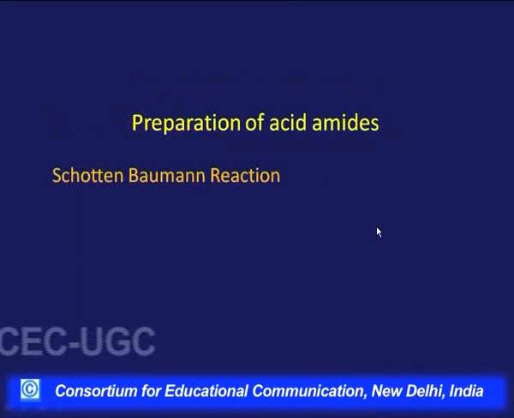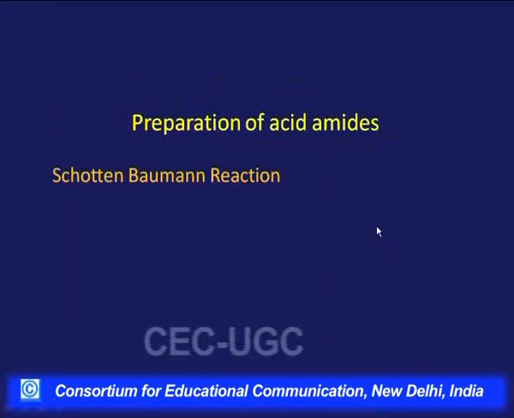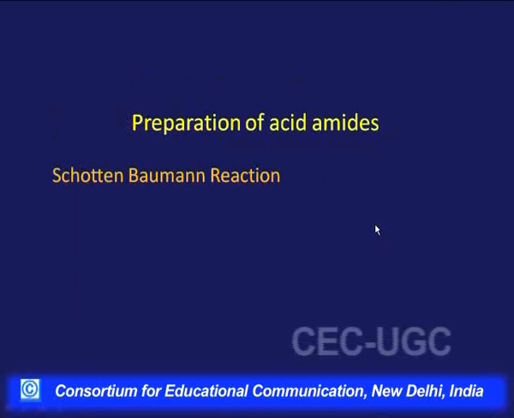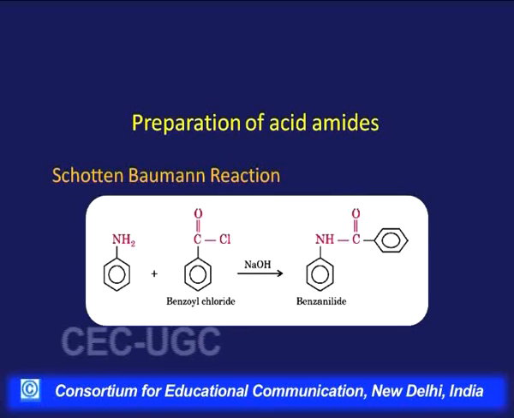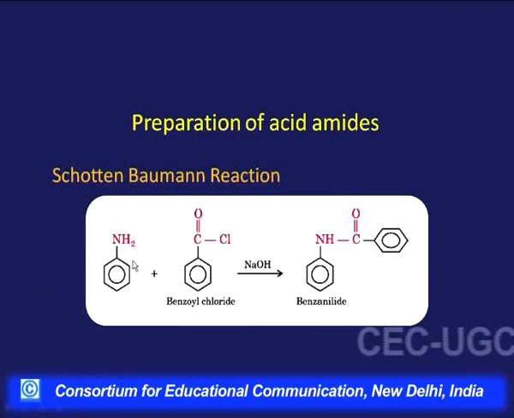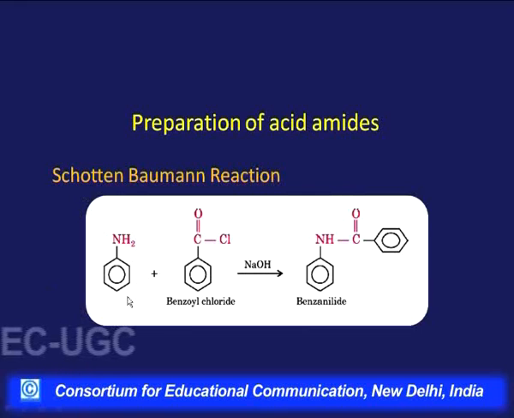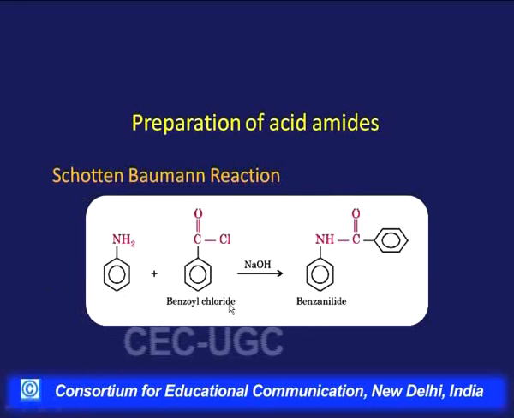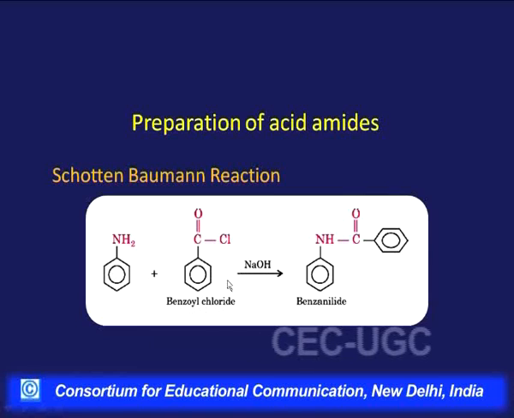When both these units, that is acid chlorides as well as the alcoholic part, that is phenol, react, they can react at a very fast rate in the presence of sodium hydroxide, and it is a name reaction called the Schotten-Baumann reaction. Like aromatic amine, this aniline, and benzoyl chloride, they react and we get the corresponding amide, that is benzanilide.